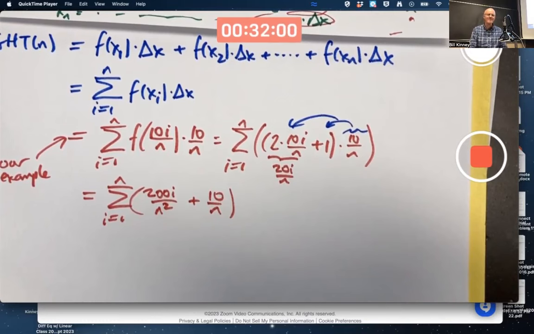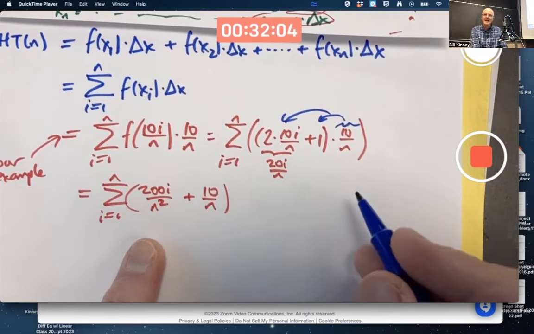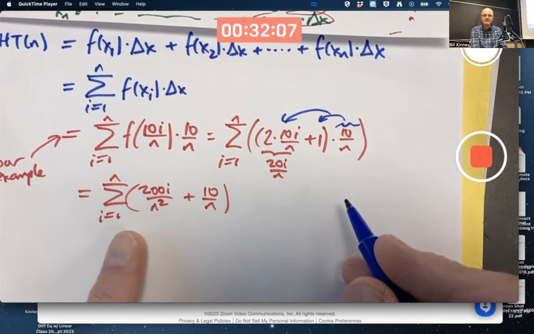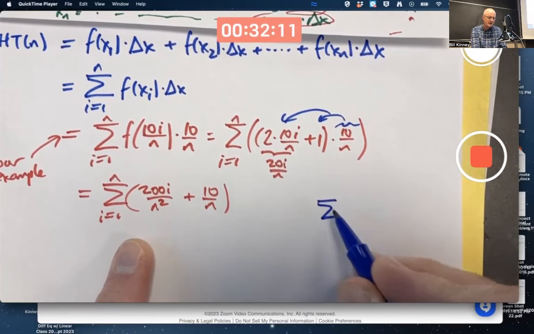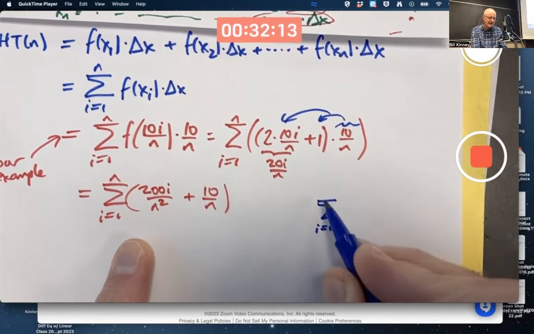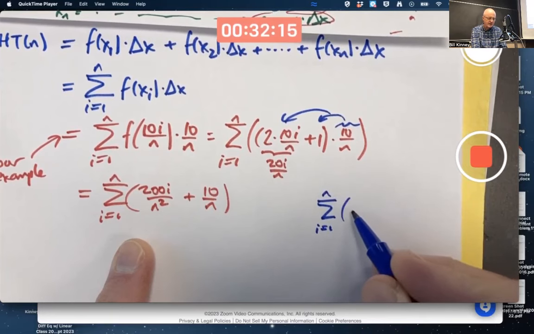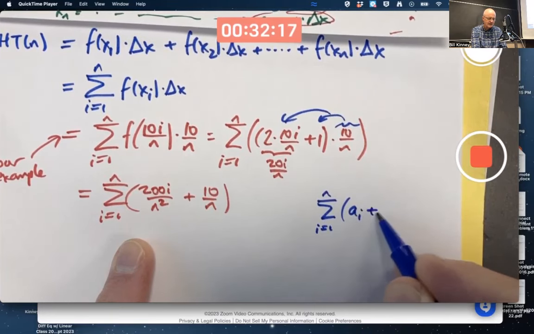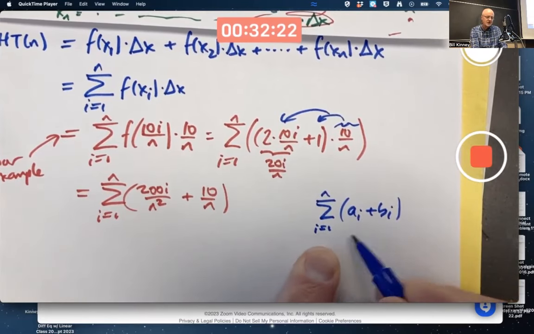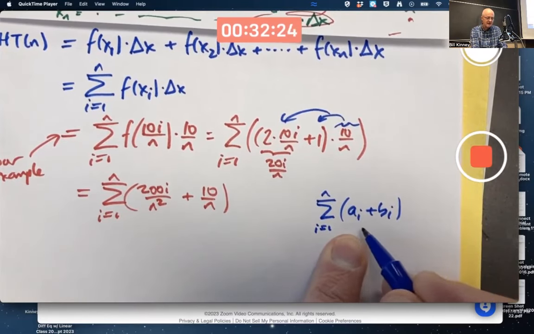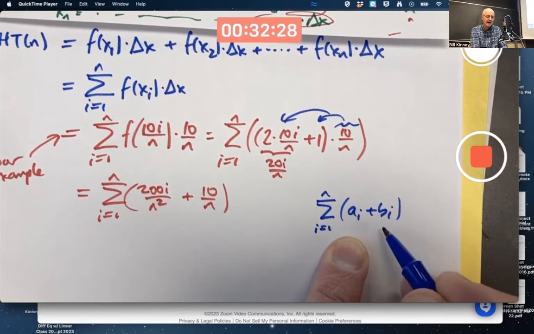Okay. Now what? Let me just do a little side calculation here to illustrate what this means. You don't need to write this down unless you want to. If I've got a general summation, adding up terms of the form AI plus BI, where first I is 1, then I is 2, then I is 3.